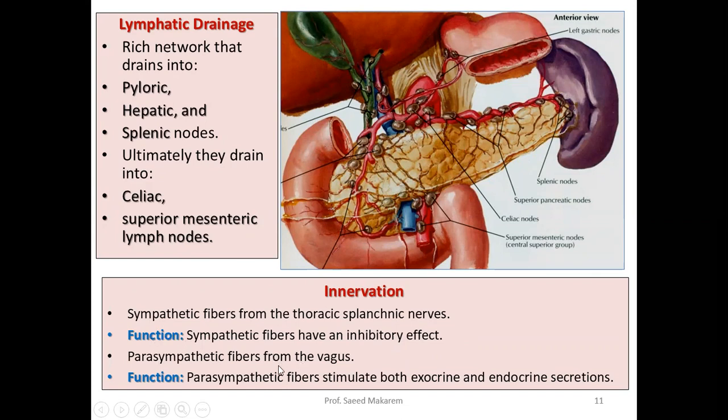Parasympathetic fibers are from the vagus. And what is the function? Parasympathetic fibers stimulate both exocrine and endocrine secretions. So whenever the vagus is stimulated, it increases the production of secretion, both the exocrine and endocrine part. And the sympathetic will decrease, or inhibit, the secretion through the thoracic splanchnic nerves.